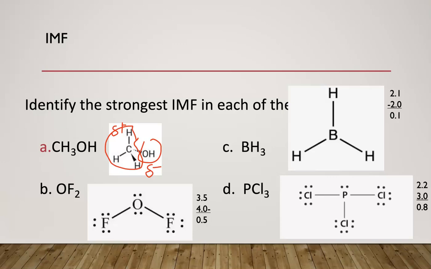And so which is going to have the strongest intermolecular force? So obviously, my methanol, CH3OH, is going to have the strongest, followed by PCl3, then OF2, then finally BH3.